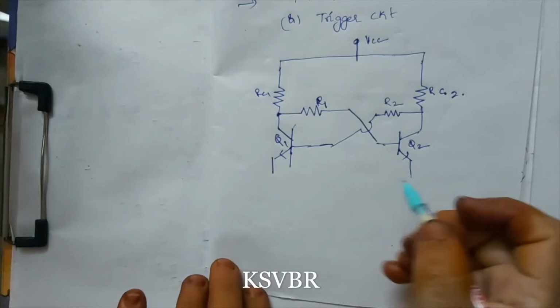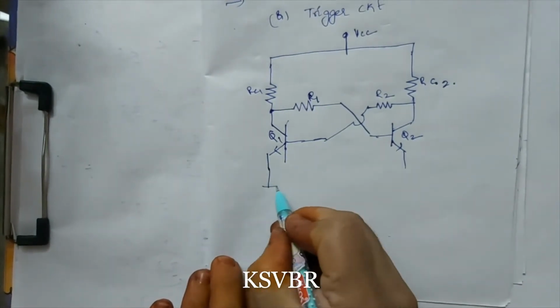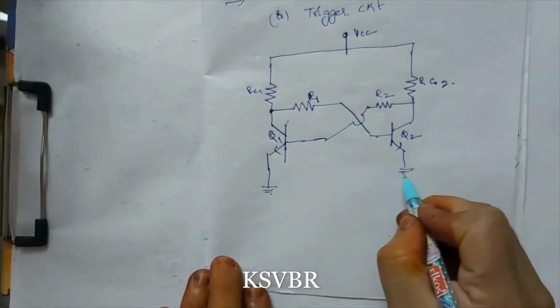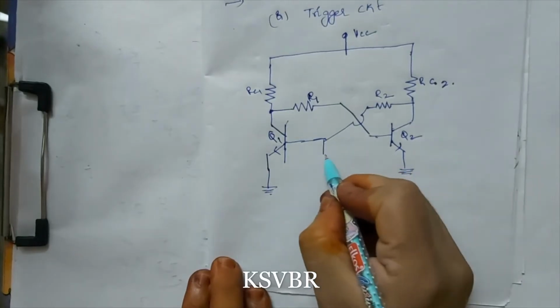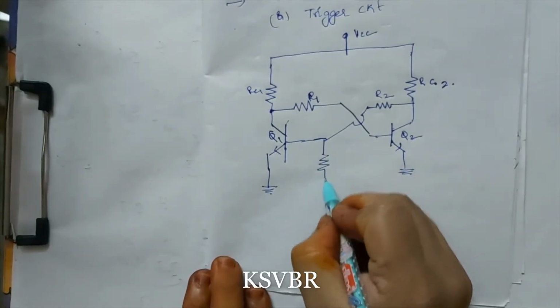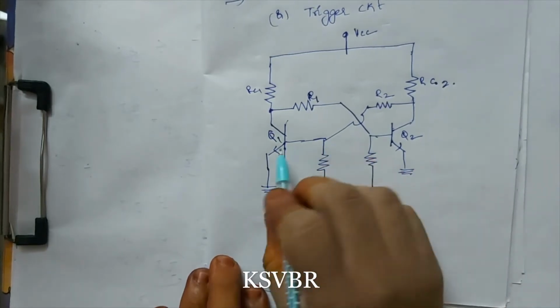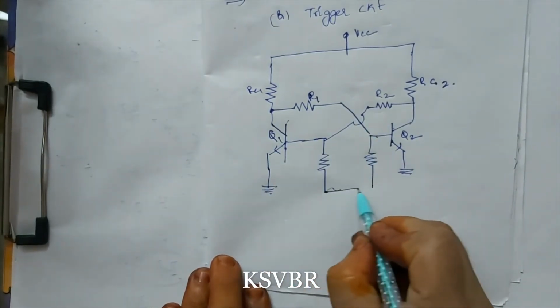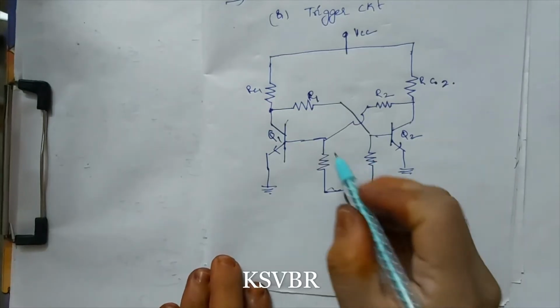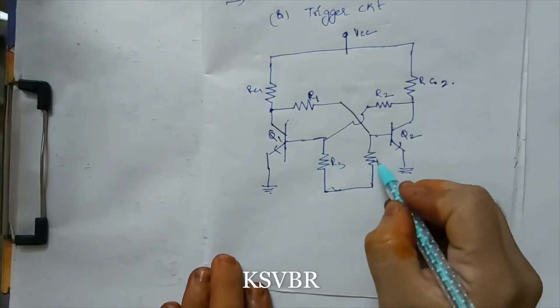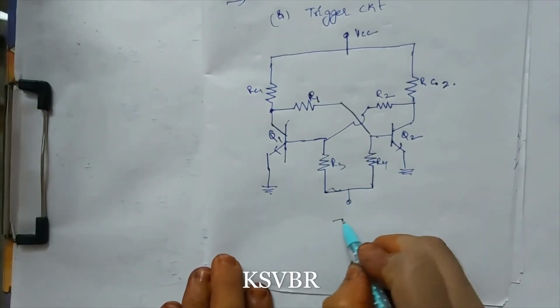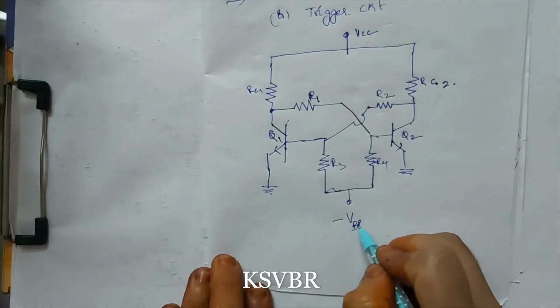Next, the two emitters should be grounded. Here, to maintain balance in the circuit, we are taking two resistances R3 and R4, and those are connected to minus VBB.